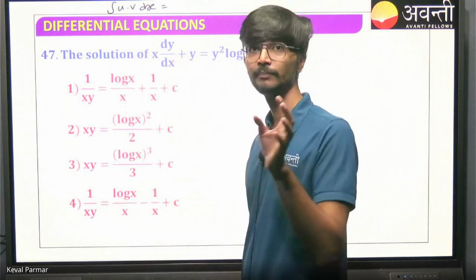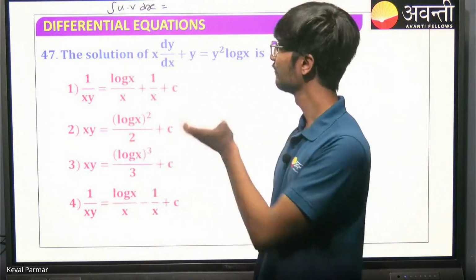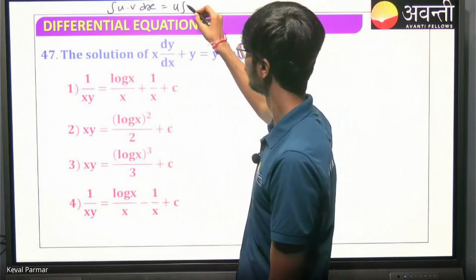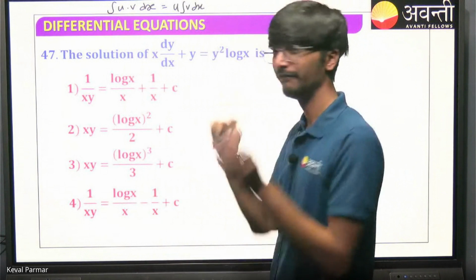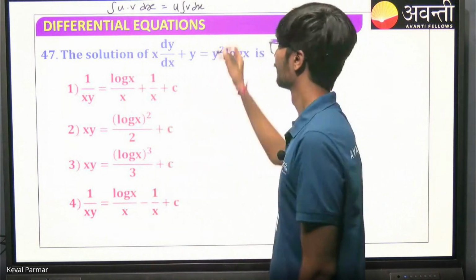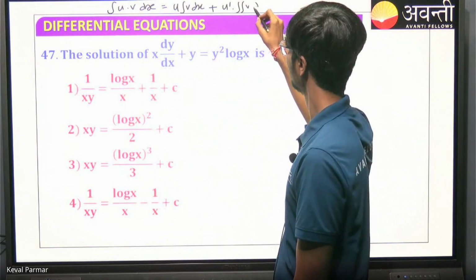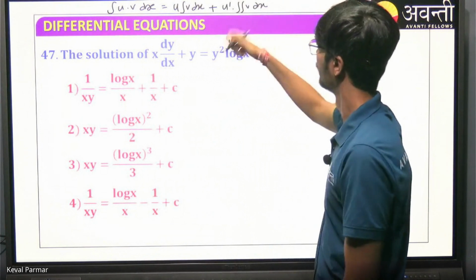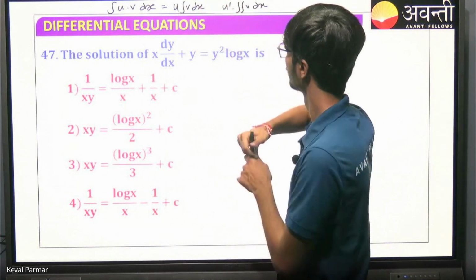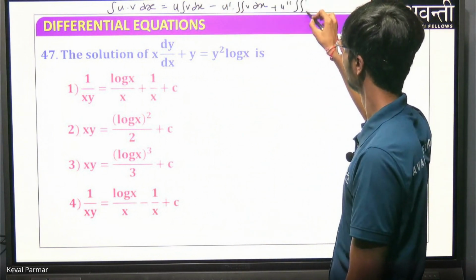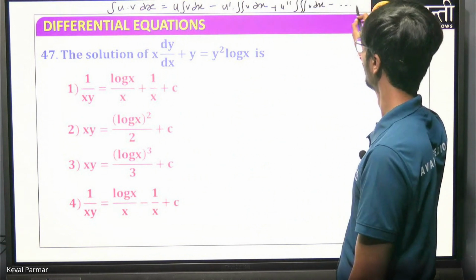We don't have this in the portion, but I think we should use this in entrance exams. So we basically write u integration of v, and we differentiate u and then integrate v. So u dash into again integrate v, and sorry, it is alternate plus minus minus plus, u double dash and then again integrate v, and it will go on.